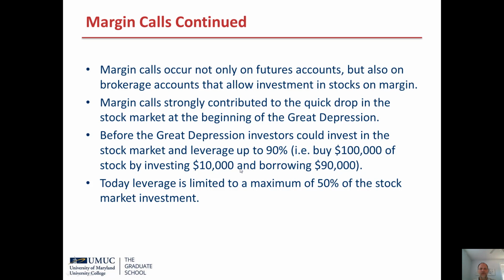Then if the stock market dropped by only 10%, they would be wiped out. So a small drop in the stock market resulted in margin calls, forcing people to sell, causing the stock market to drop more, forcing more people to sell, which therefore greatly exacerbated the stock market declines in 29.